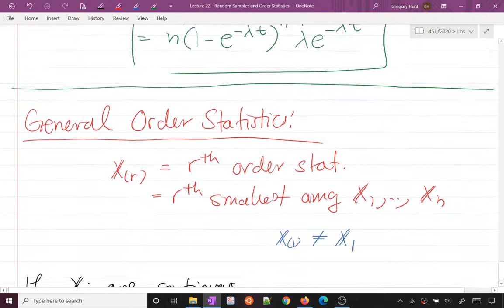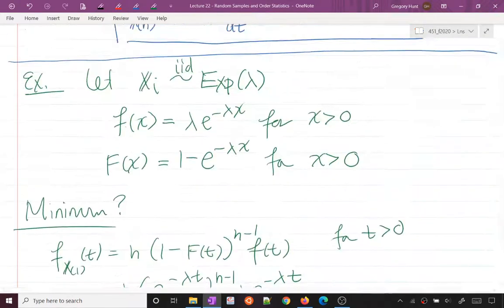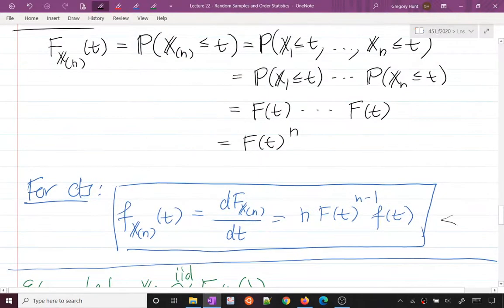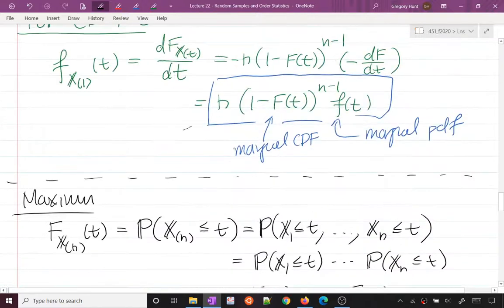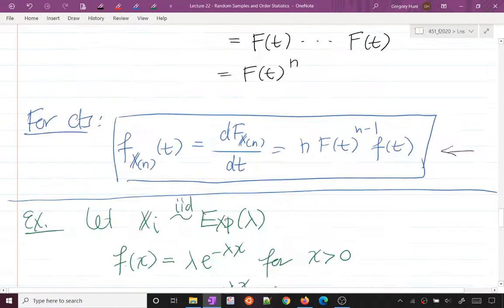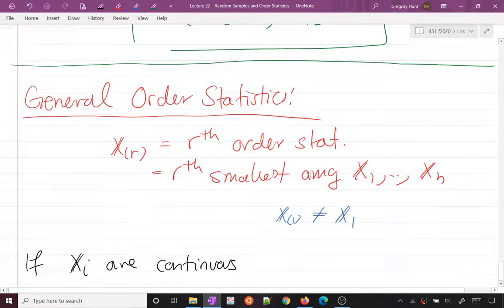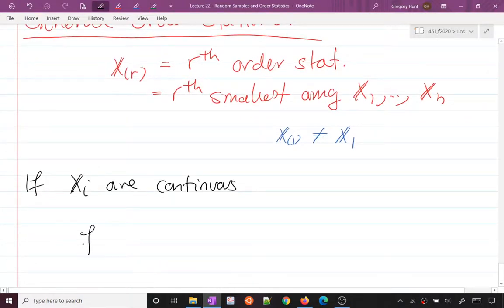Okay, so the theorem we're going to write is that if my x sub i are continuous, then we can basically generalize. We had derived formulas up above, one for the maximum and one for the minimum. We can generalize this into the PDF for the rth order statistic. The PDF for x sub r at some value, let's say t, has the following form.